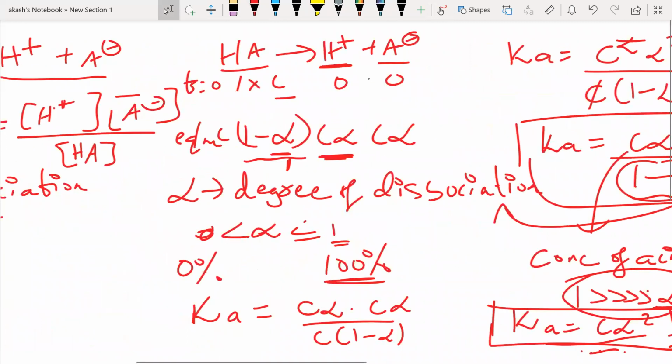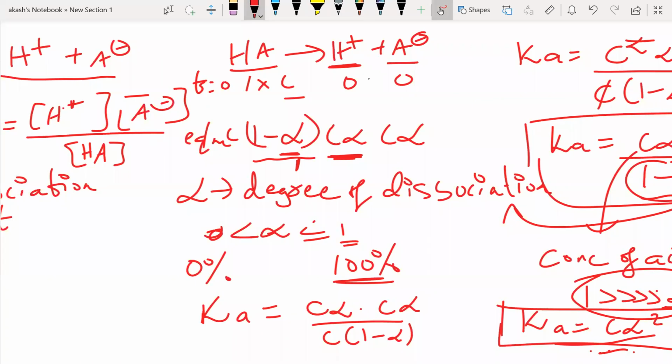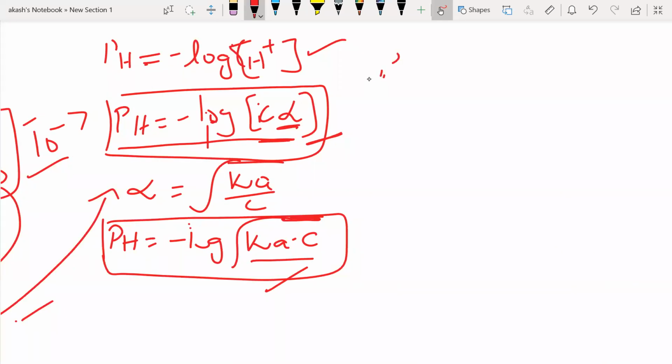Now there is one more last thing I want to tell you. We have something called pKa. Guys, please remember, whenever you put this P in front of anything, when you say pH, it is negative log of concentration of H plus.